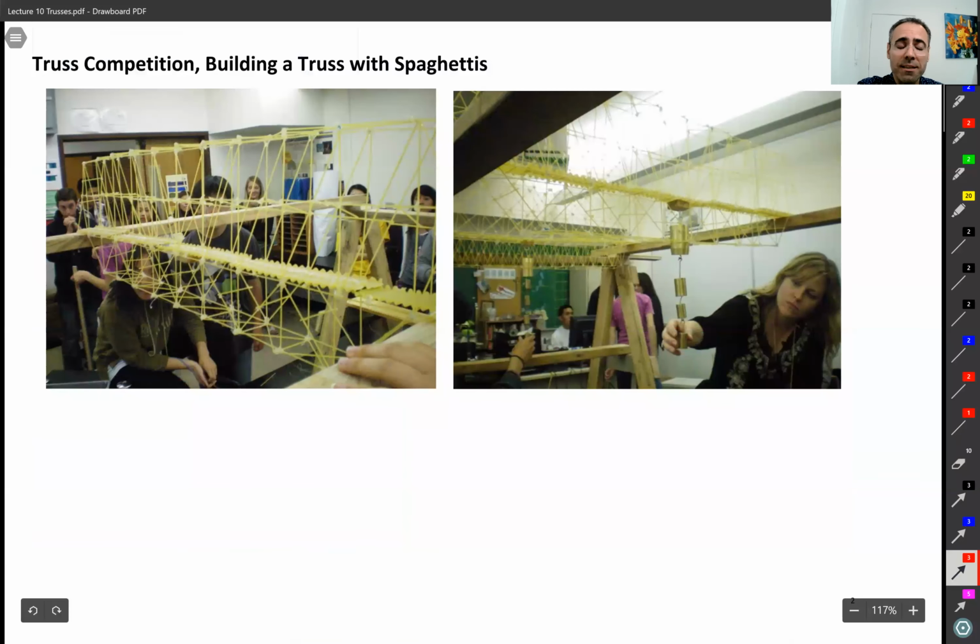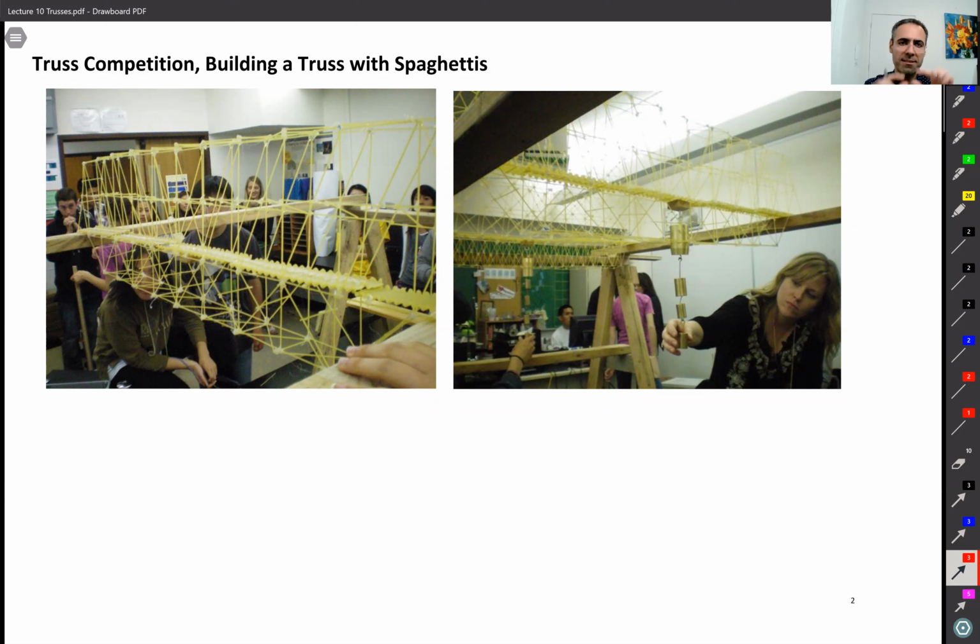If you are interested, believe it or not, there are competitions with spaghetti, making trusses with spaghetti, right? It's not making a nice spaghetti meal, it's building a truss with spaghetti. Later you can Google it on YouTube, you will find nice structures that students build with spaghetti. Spaghetti is a very weak material.